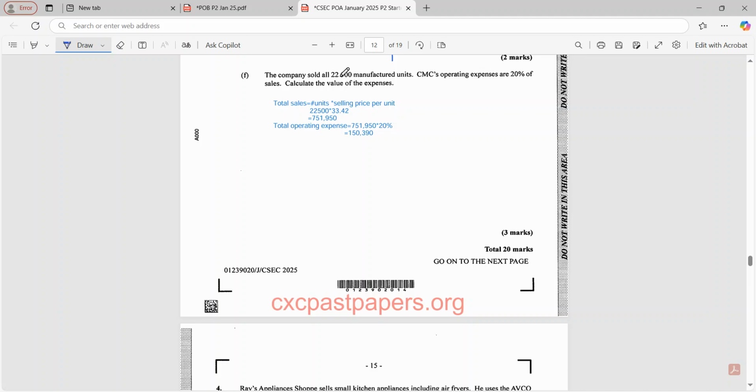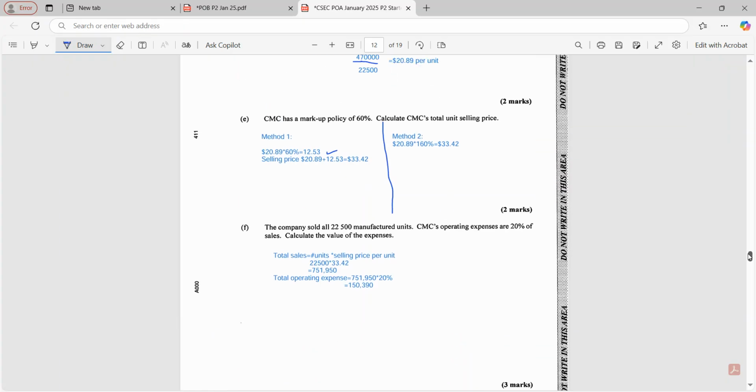So if we sold 22,500 units and we sold it at the price that we just calculated at the top here, which is $33.42, we're going to be making $751,950. So it is the number of units, which is the 22,500, multiplied by the 33.42.